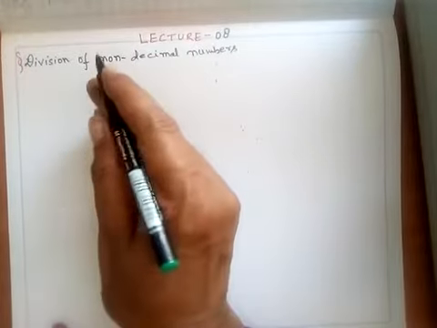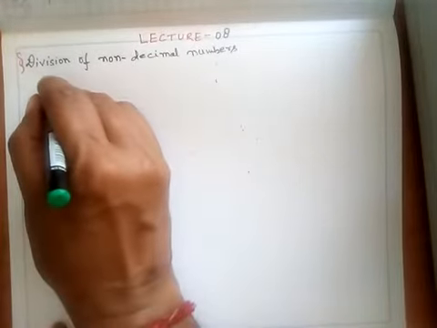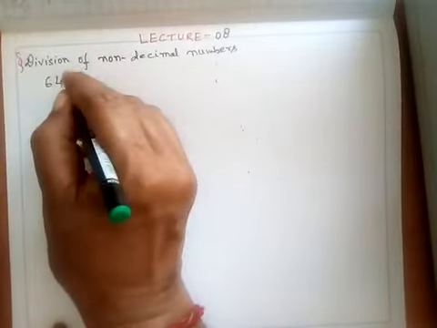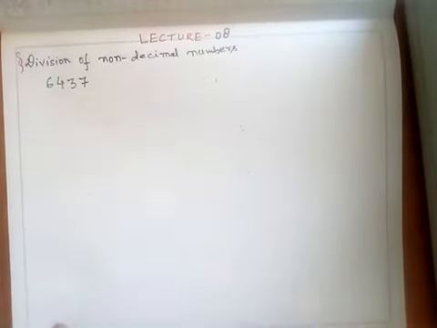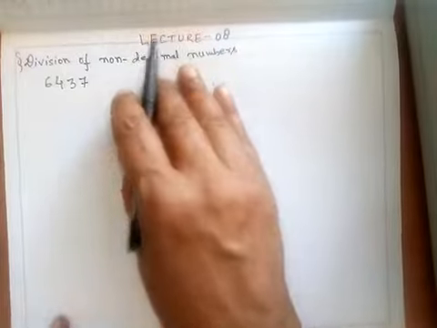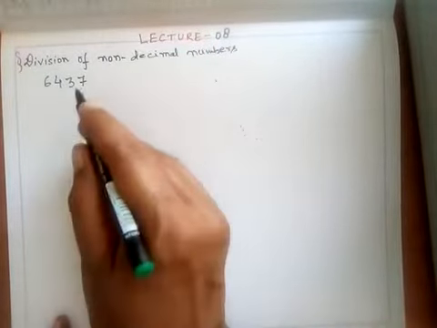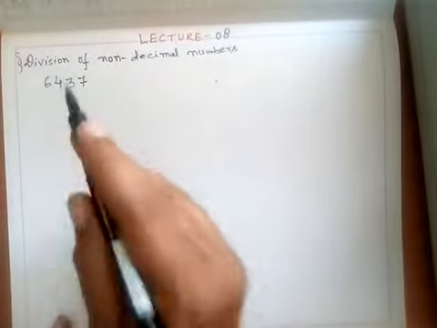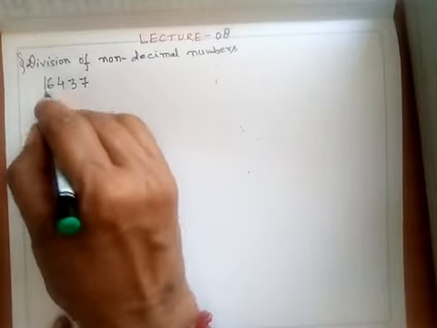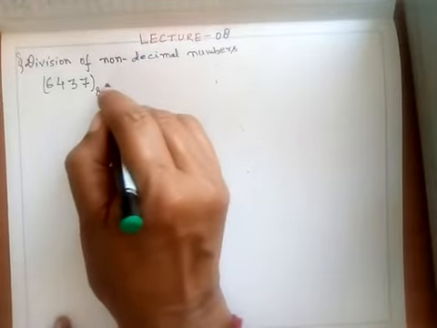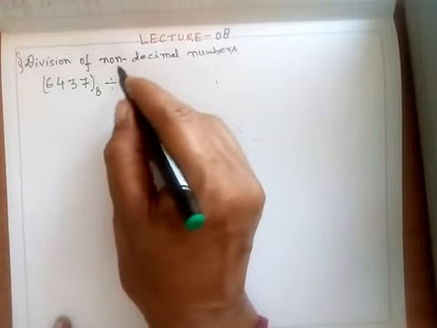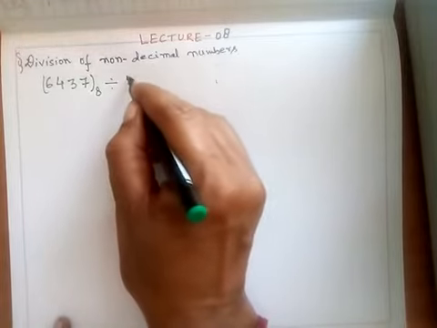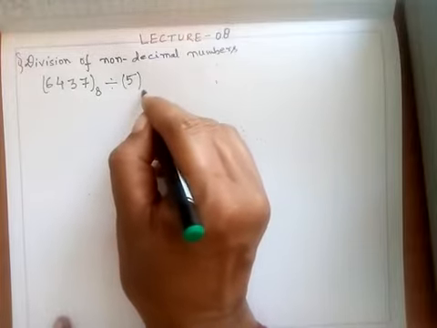Suppose I have the number 6437 in base 8, and I want you to divide this number by 5. This 5 is also in base 8.